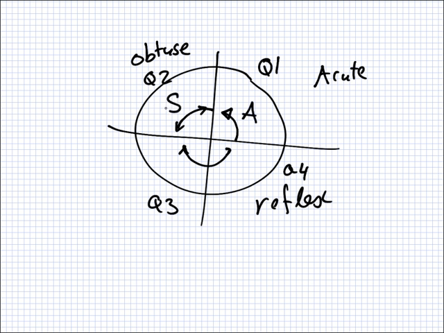A, S, T, C. You did all of this with Joan, yeah? How to call Q3? Just quadrant 3. Reflex is for quadrant 3 and 4, for both of these.